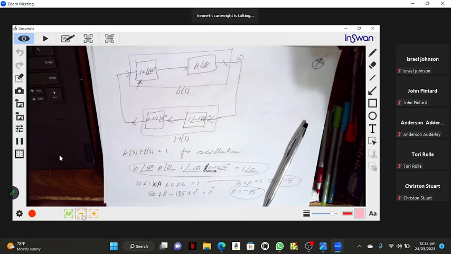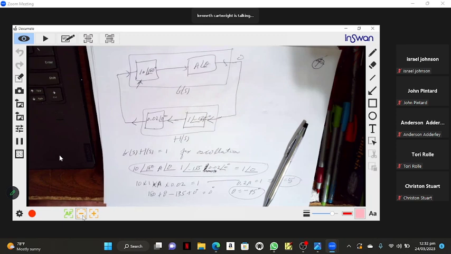So you think a first order high pass filter is going to give you a phase shift of 180 degrees? What is the highest phase a first order filter can give you? 90 degrees. So that's not a first order high pass filter.